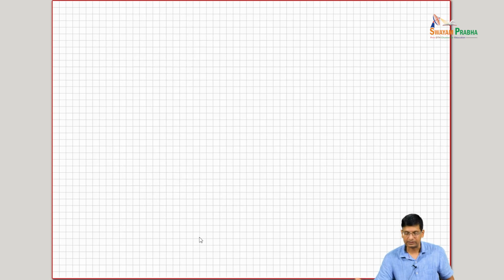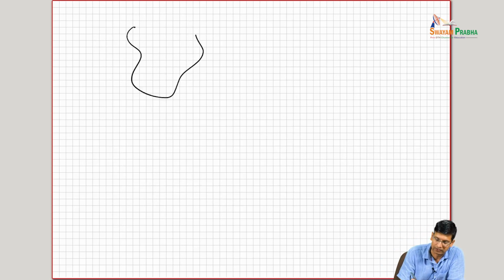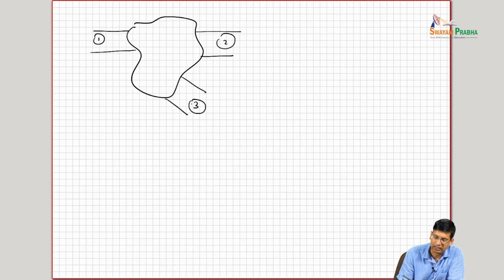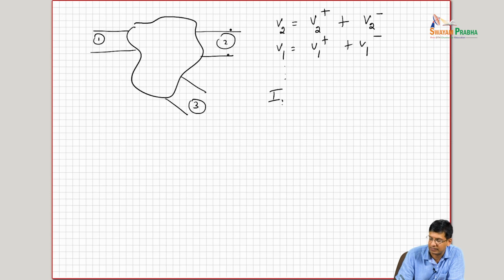I start thinking about characterizing networks in another way, where I start the same concept of having the multi-port network, right? But now I'm basically going to say that the voltage at port 2 is a sum of two voltages, V2 plus and V2 minus, and similarly the voltage at port 1 is a sum of two voltages, V1 plus and V1 minus, so on and so forth. And similarly the current at port 1 is I1 plus minus I1 minus.